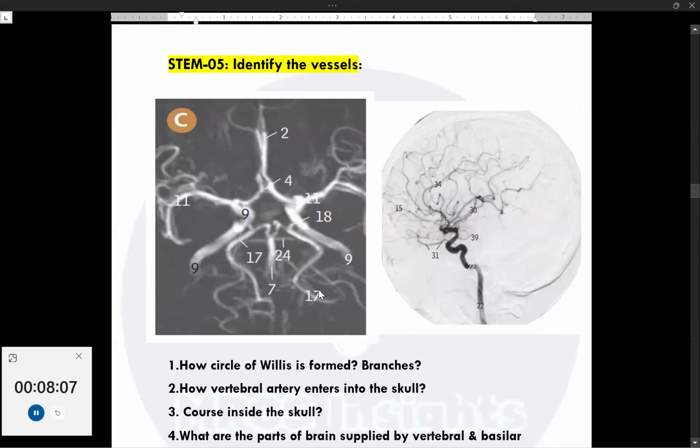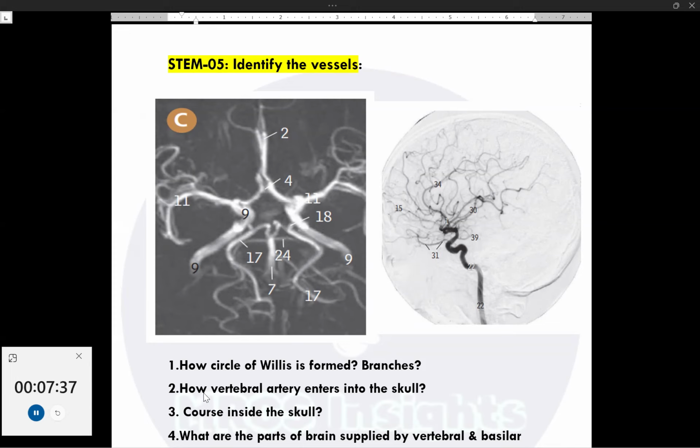Okay. So can you tell me the names of some branches of the internal carotid artery? When the internal carotid artery comes off from the cavernous sinus, the first branch is the ophthalmic artery. After that, it will give rise to the anterior cerebral and posterior cerebral. And also here you can see the posterior communicating artery, right? Yes, posterior communicating.